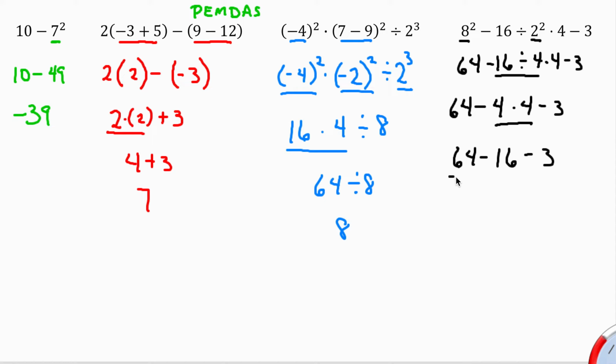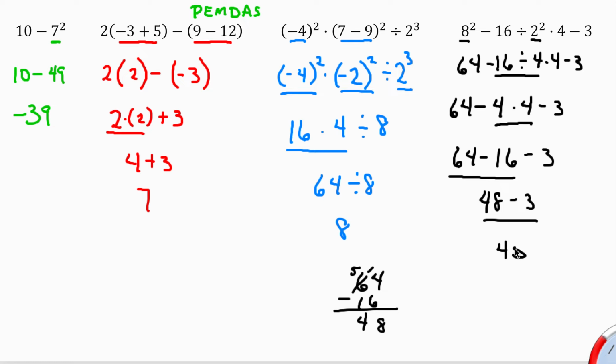So I'm just going to go across the problem. 64 minus 16. If we don't know what that is, it's fine to come down here and see what 64 minus 16 is. 14 minus 6 is 8. 5 minus 1 is 4. So 48 minus 3 is 45.